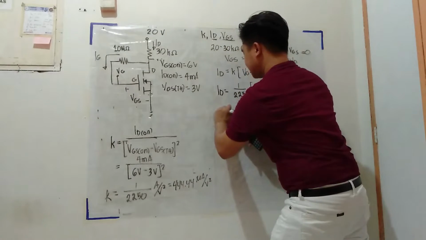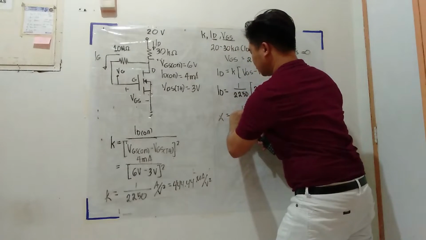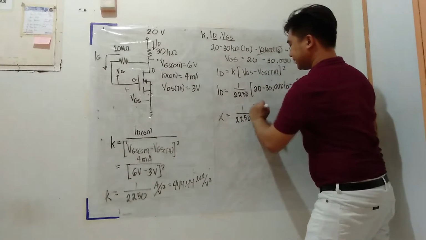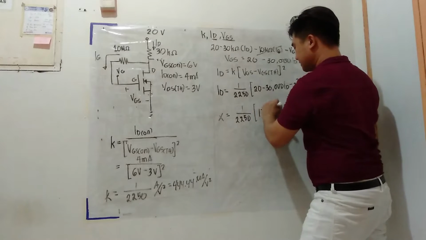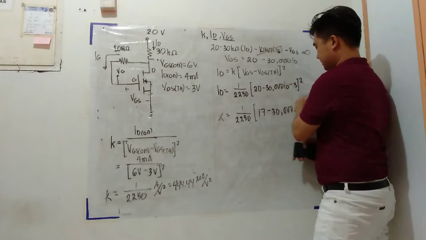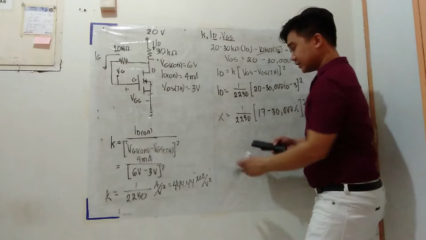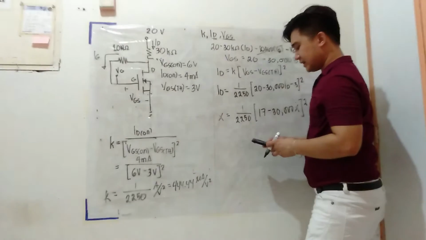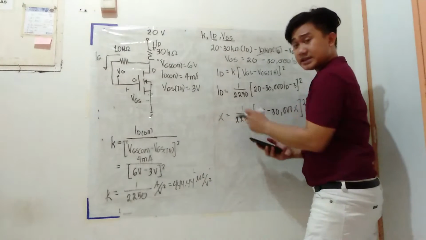ID is X equals 1 over 2,250 times (20 minus 3, that is 17, minus 30,000 X) squared. So, type ko sa calcu, X equals 1 over 2,250. Baka ang pindutin yung equal sign na hindi po.